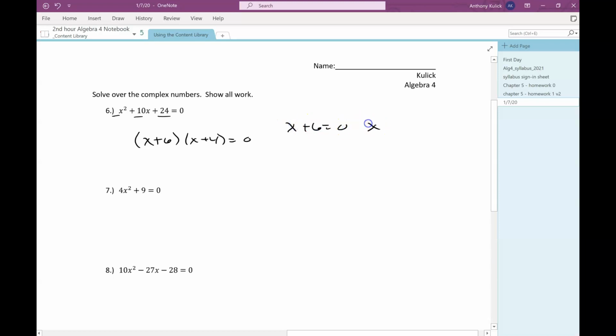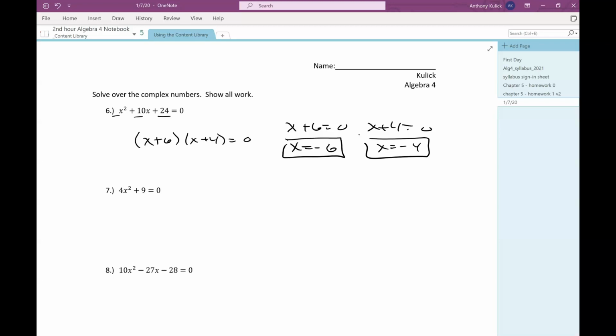Since it's factored, I can use the zero product property by setting each factor equal to 0 and solving each separately, to give my answers of negative 6 and negative 4. That was probably a little quicker than using the quadratic formula, but it still would have worked. If you use the quadratic formula, that's still super fine, definitely okay.